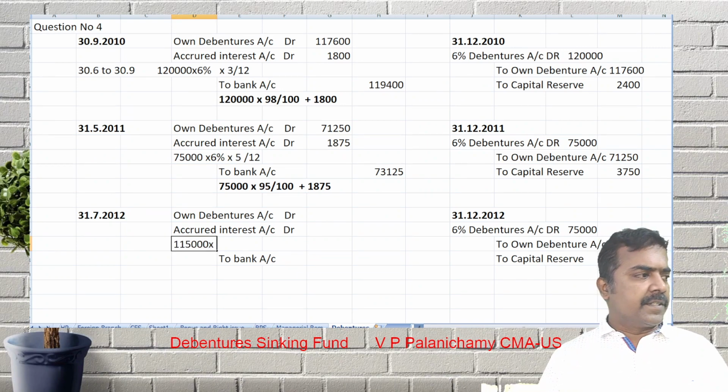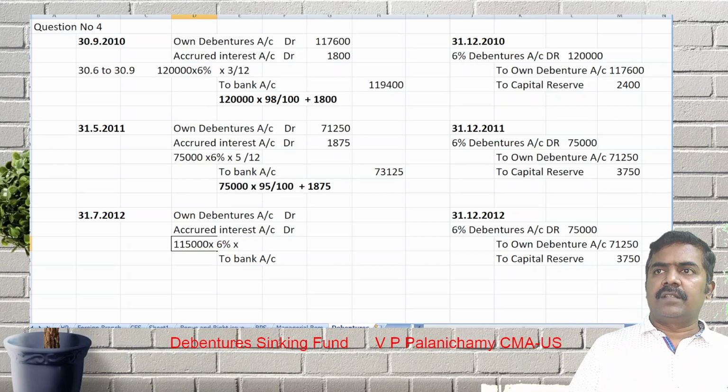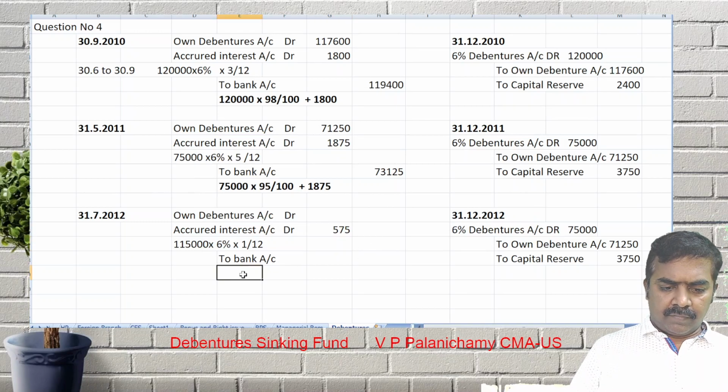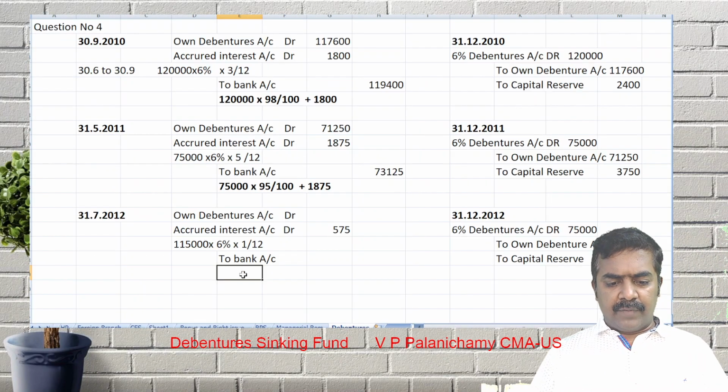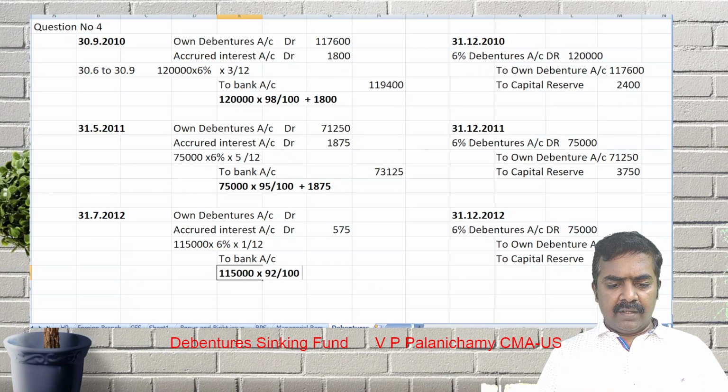எவ்வளோ debentures purchase பண்றோம்? 1,15,000 into எவ்வளோ percentage? 6% for எவ்வளோ months interest? Amount paid எவ்வளோ pay பண்றோம்? 1,15,000 into 92 by 100 plus 575.